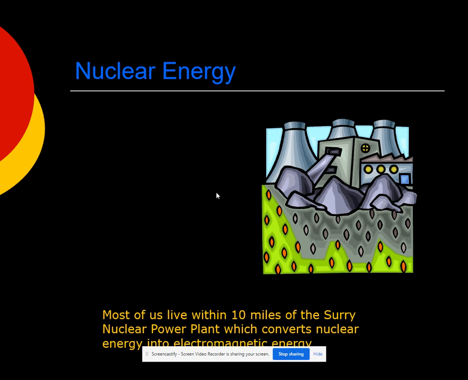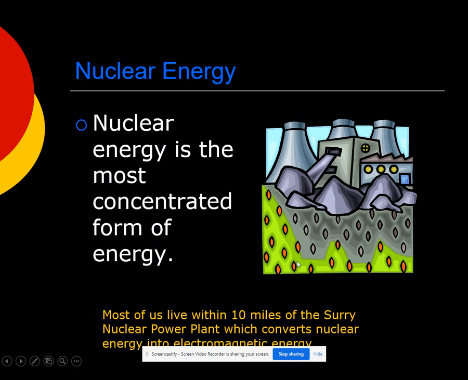I think there's another one closer, but it converts nuclear energy into electromagnetic energy and also thermal energy. And that electromagnetic and thermal energy is what turns the turbine, which does electromagnetic induction, converting that motion into movement of electrons, which is called electricity, and that pumps to your homes. And as far as we know in the universe, nuclear energy is the most concentrated form of energy. That's why the stars use nuclear fusion.